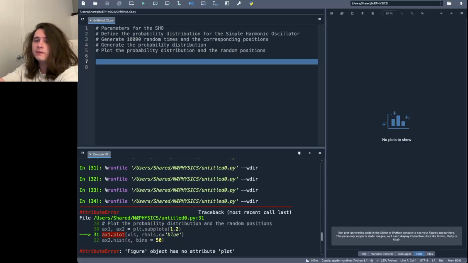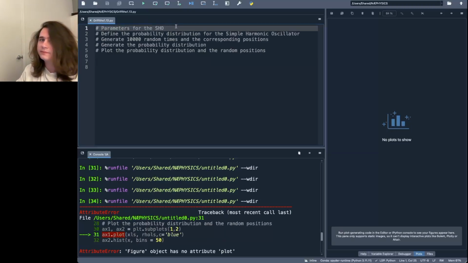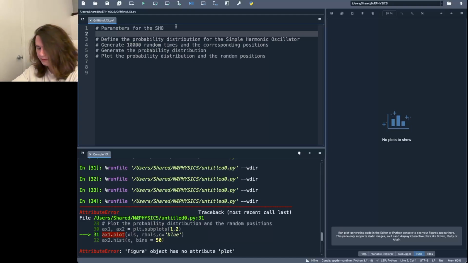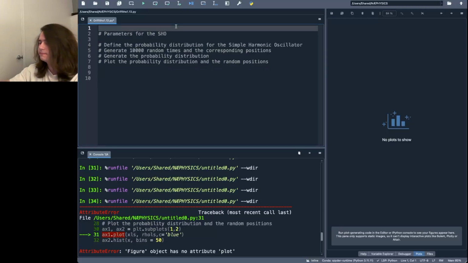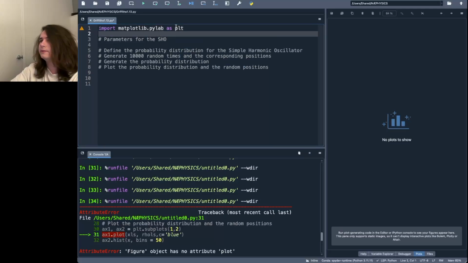Alright, so instead of doing Mathematica like Griffiths suggests, I'm going to do it in Python because it's my native computing language. Let's set this up. First, let me import the relevant packages: matplotlib pylab as plt, and numpy.